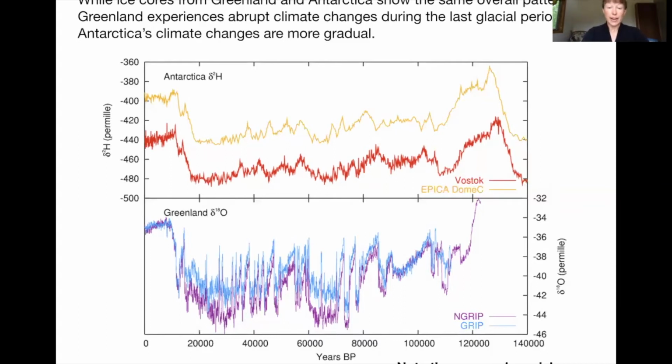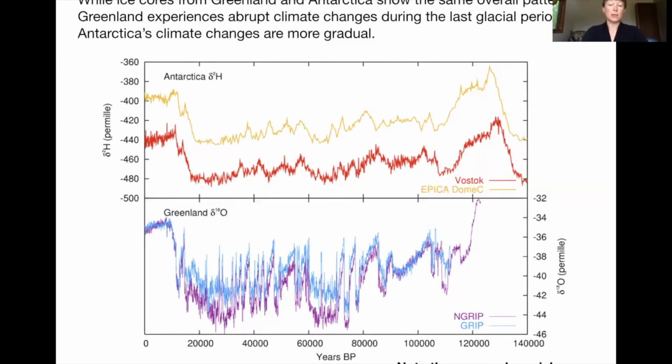But after that, the patterns are totally different, right? So if you look at Greenland, you see these really abrupt changes in this proxy. So this is delta 18O on the bottom plot, and we're looking at delta 2H, which is delta deuterium. So they're both isotopic measurements of the water composition, and in both cases used to infer temperature.